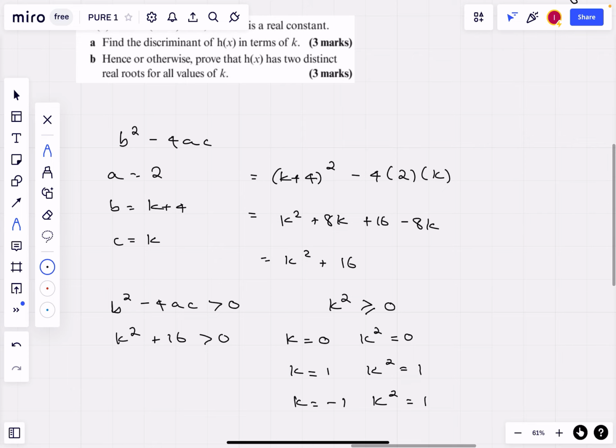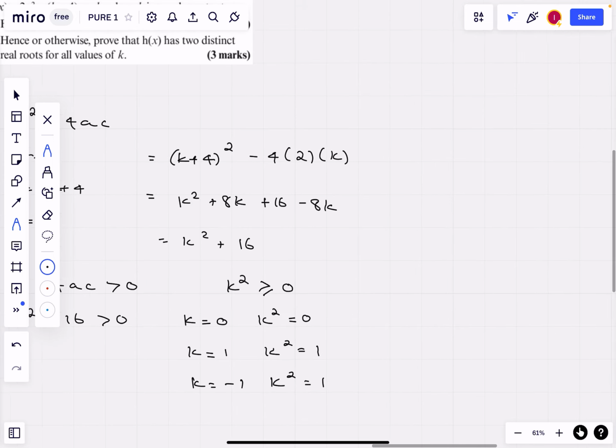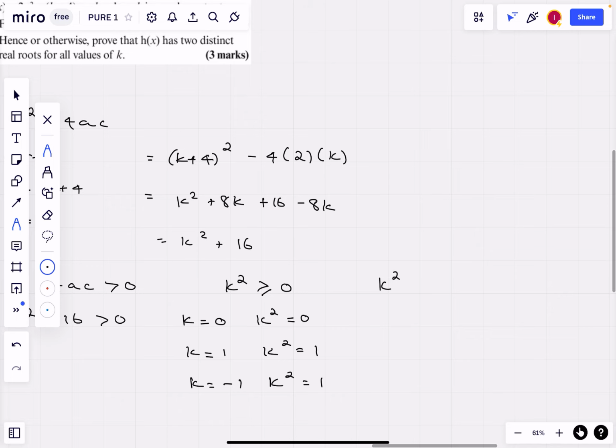Regardless of what number I have, whether it's positive or negative, my value of k squared will always be positive. And if it's 0, then it's going to be 0. Cool. So if k squared is always greater than or equal to 0, k squared plus 16 will always be greater than 0. Therefore, the discriminant is greater than 0, which means it has 2 distinct roots. That's it. That's the discriminant.